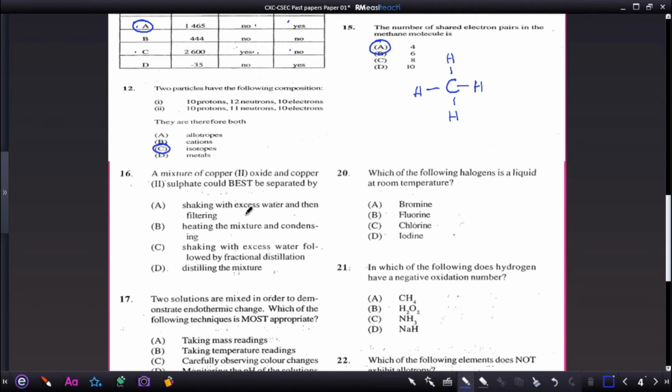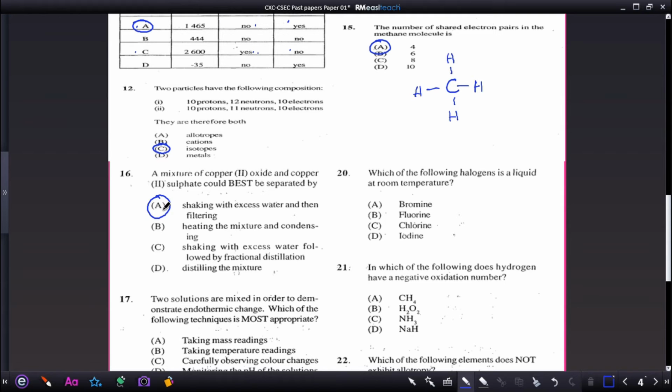Well, copper oxide would form a precipitate, that black precipitate, while copper sulfate would crystallize out. It's not really a precipitate, but it will precipitate out as crystals if the solution is not saturated enough. So the answer for that would be A.